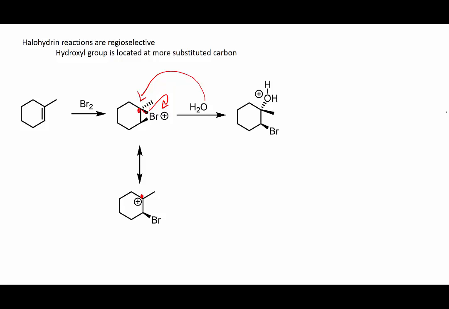So now we have our anti-addition. The bromide that's left over will come in, grab this proton, alleviate this positive charge, and give us our product. Now remember that the bromonium ion can form where it's either wedges like this or dashes, so we will also get the other enantiomer as well.